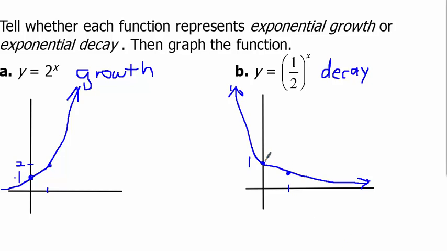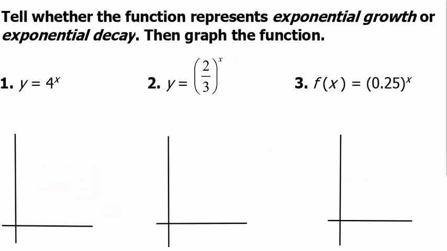I expect to see those 2 points. I expect to see the general shape of the graph. So this is going to be growth. And all I have to do is plug those 2 points. 1, 2, 4. So this graph is going to get steeper faster.